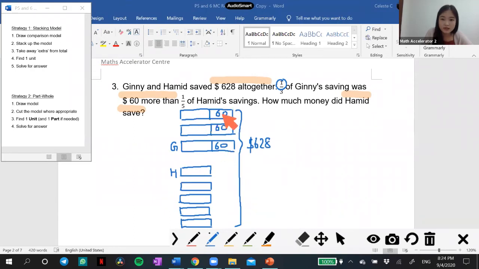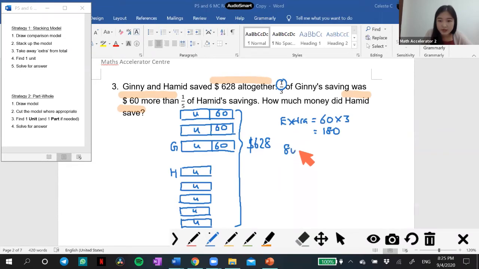Now, what's the extra? 60 times 3. Okay, thank you. 180. If I take it away from the total, how many units do I have? Let's count. 1, 2, 3, 4, 5, 6, 7, 8 units.